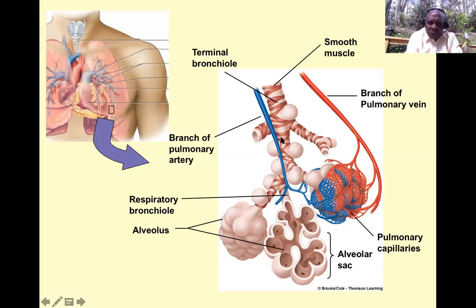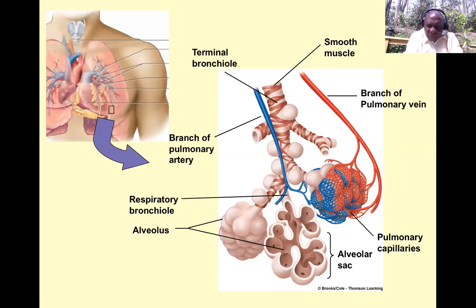The bronchioles have smooth muscles, which allow changing the radius of the bronchiole, which then affects the airflow. Okay.